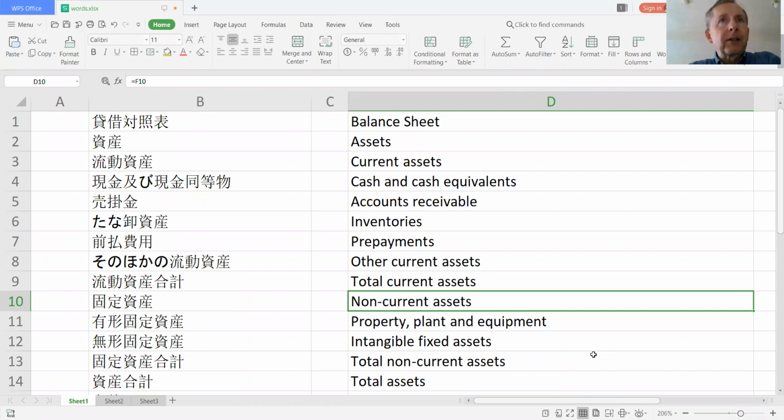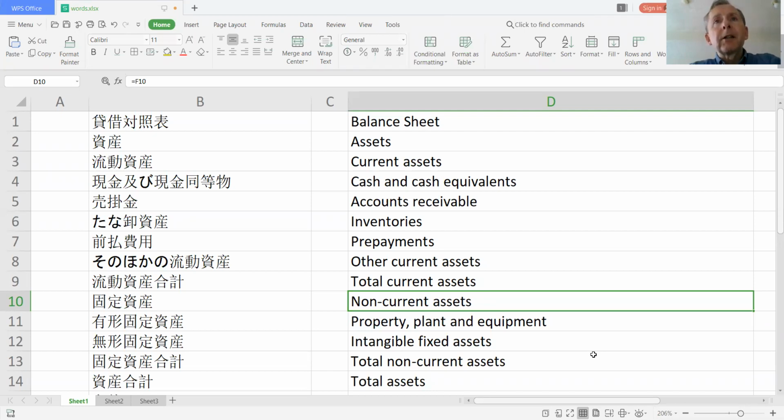So assets. We have various assets owned and controlled by the company. An important distinction we have is between current assets and non-current assets.